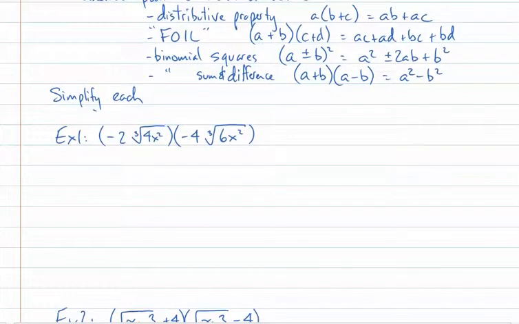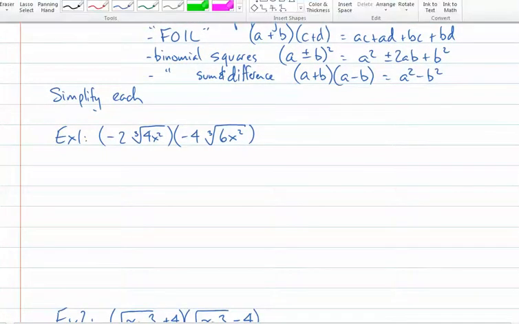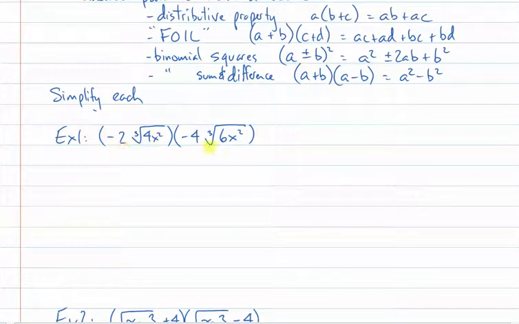First, we have a coefficient -2 and a coefficient -4. So when I'm simplifying this, I can combine those portions first, then look at the radicals, seeing that they're both cube roots, so they're like each other in terms of the index. So I'm going to combine 4x squared with 6x squared, all inside of one cube root.